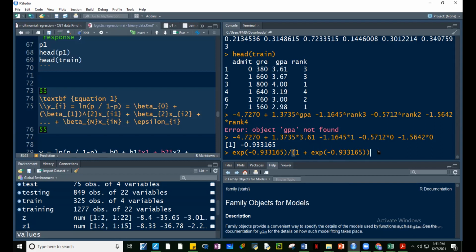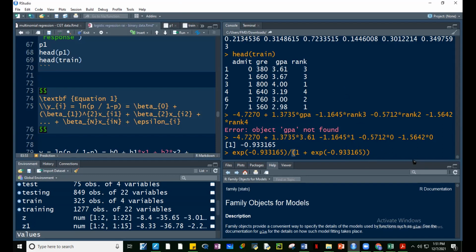Okay, so let's now run this. What do you get, guys, if you run that? Paki-chat nga, please. If you run this, what do you get? Okay, I'm getting, how about you guys? Yes, how much? What's the value that you're getting for this, guys?